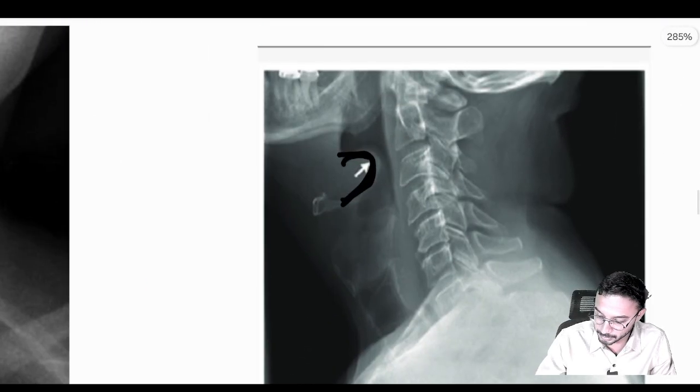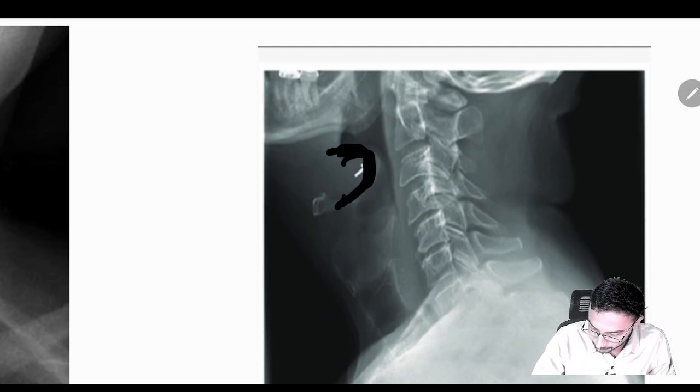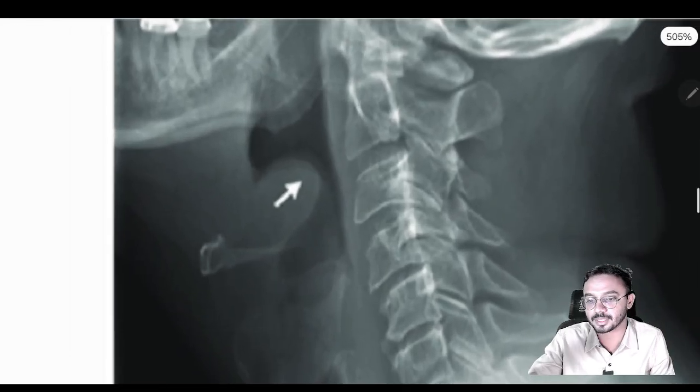Okay, and next X-ray. Look at the arrow. This is a thumb sign. Look at the arrow over here, how it is looking. It looks like your thumb.